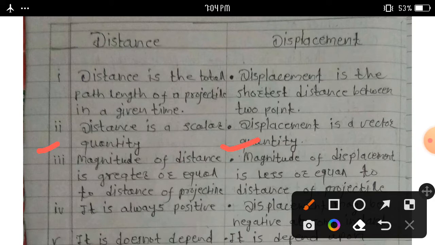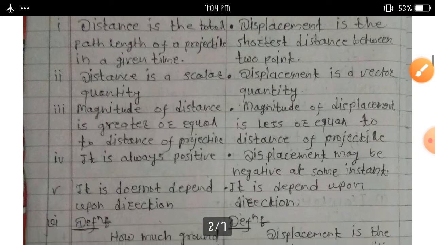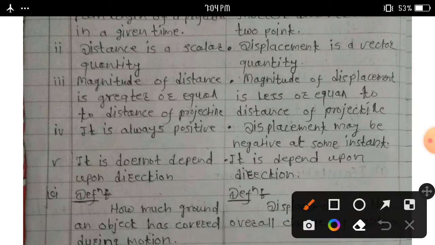Distance is always positive, but displacement may be negative or positive. Distance does not depend upon direction, but displacement depends upon direction. This is the basic difference between distance and displacement.